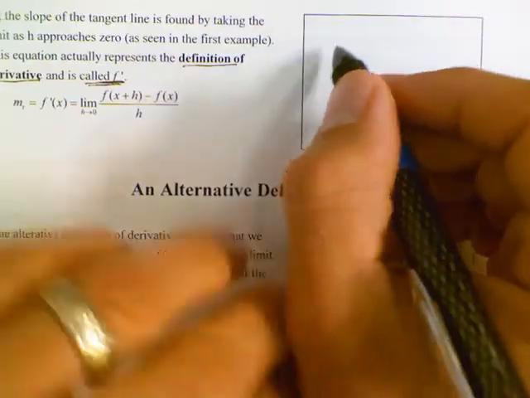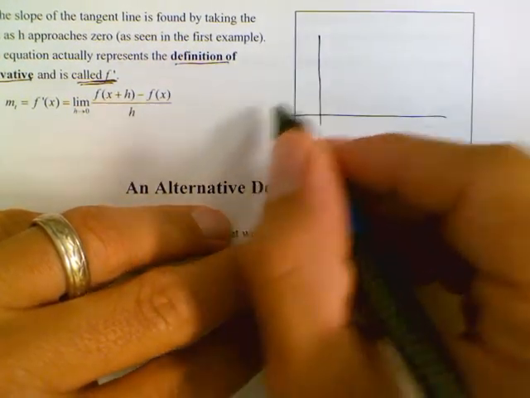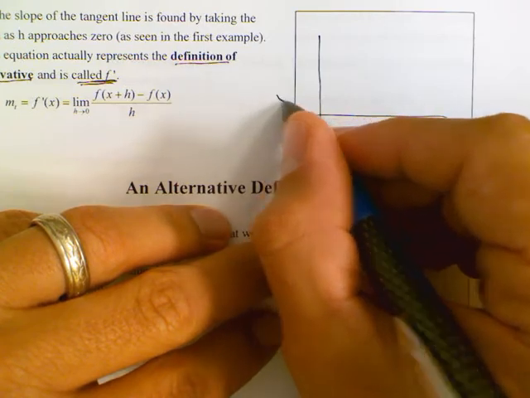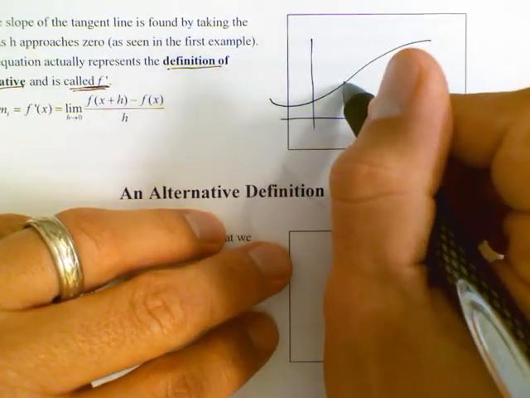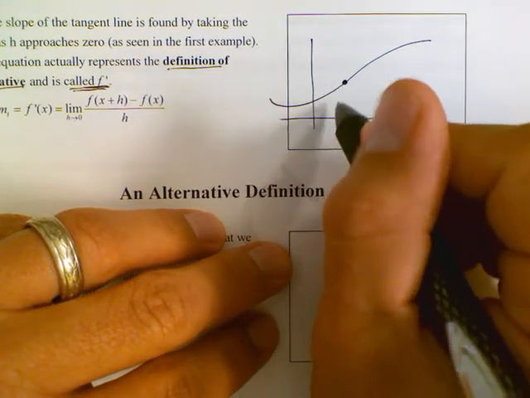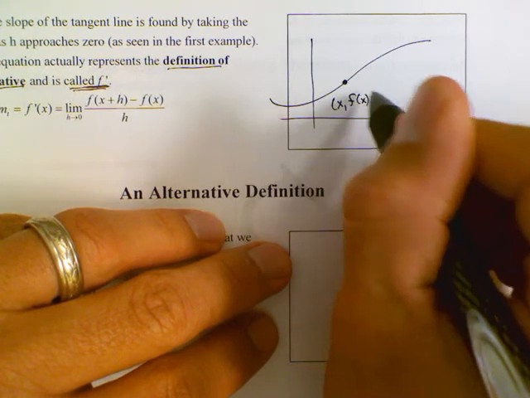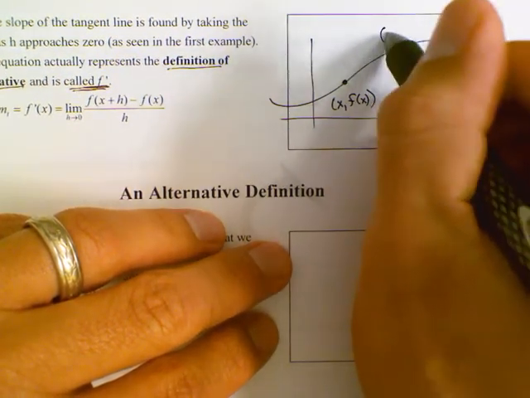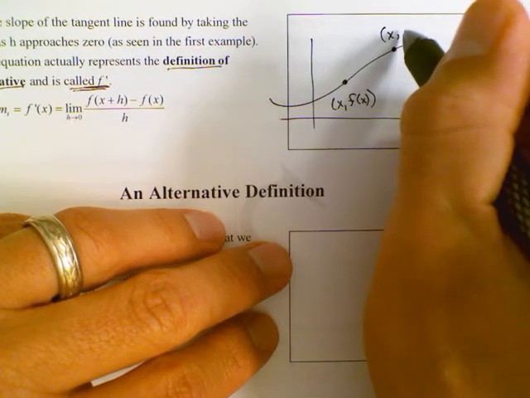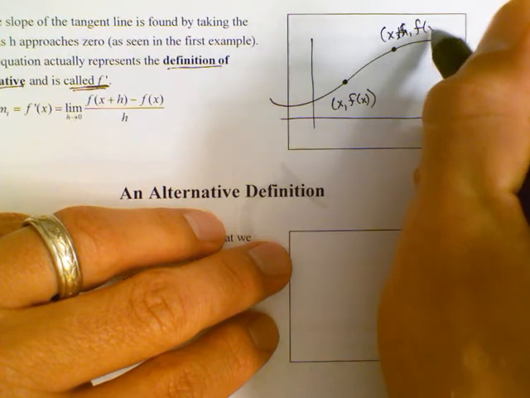Let's say I'll draw my x and y axis, and I have just some kind of curve, and here is my point x, f of x, and here is my point x plus h, comma, f of x plus h.